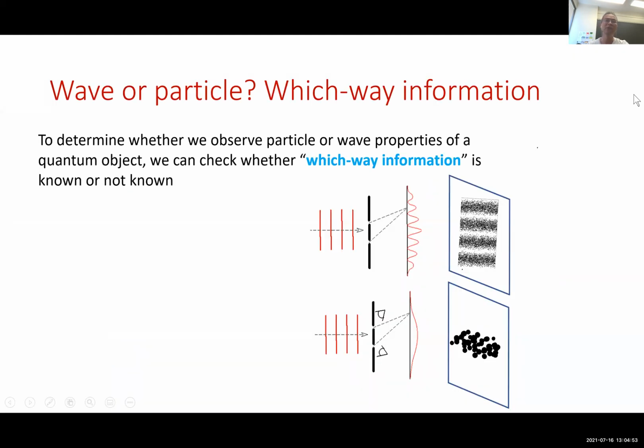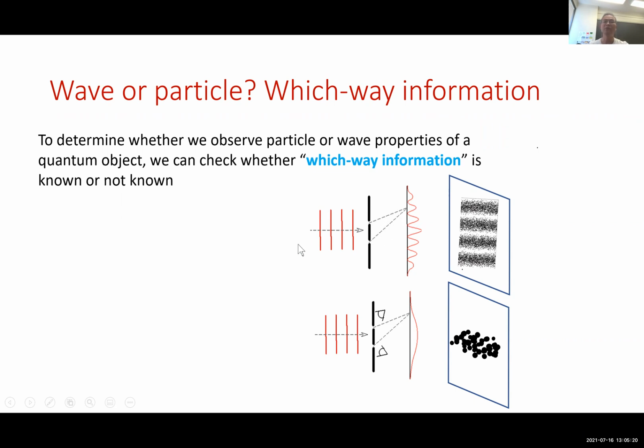So the next question that we will discuss is, how do we determine whether a quantum object will display particle or wave property? This actually depends on the so-called which-way information, whether the object goes through this path or that path.